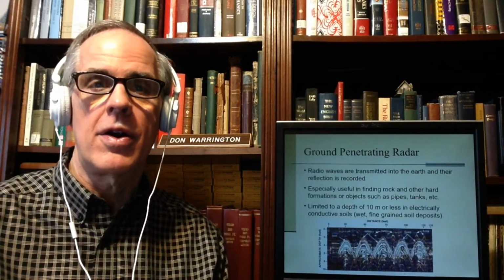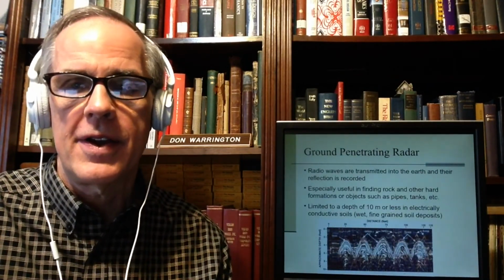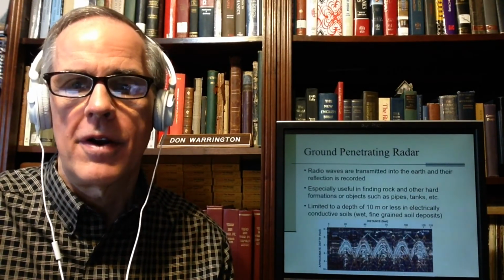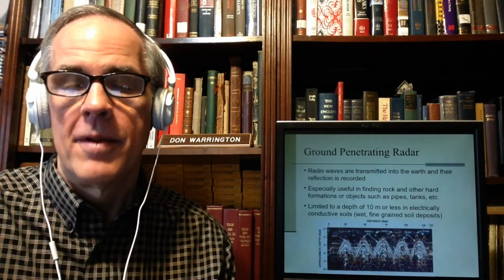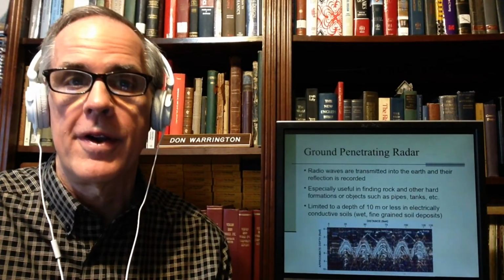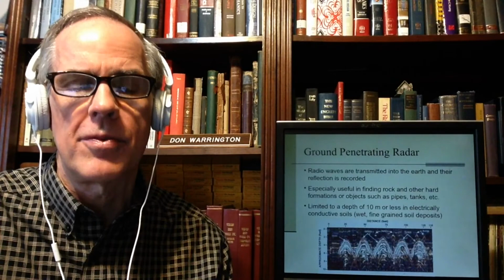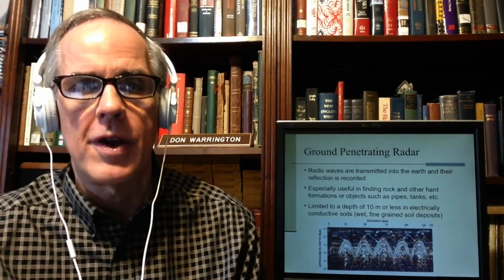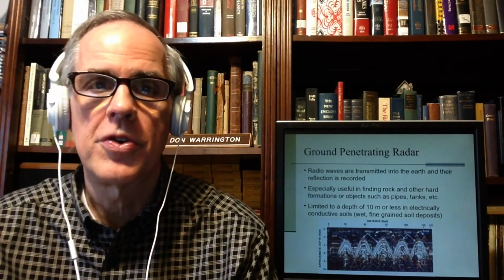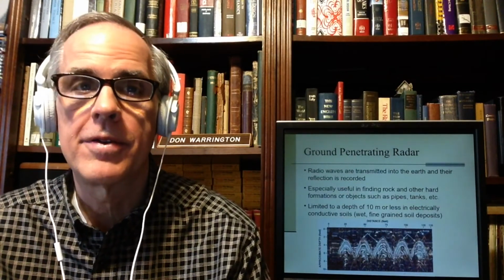Ground penetrating radar is something that we're familiar with. Its biggest use is to find stuff in the ground, hard stuff in the ground, and that's particularly the man-made stuff. If you're working in an urban area and you want to start digging, you need to be careful, because sometimes the records of whatever municipality or authority you have in terms of sewer pipes and water mains and electrical stuff ain't always the best.